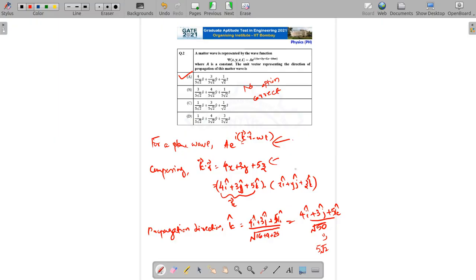So this is your position vector r, which means this is your vector k, the propagation vector. Now what is the direction? It is not a unit norm vector, so you have to normalize it. 4 squared plus 3 squared plus 5 squared is 50, whose root is 5 root 2, which is actually the factor here.